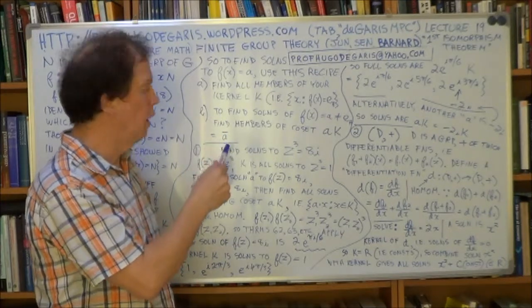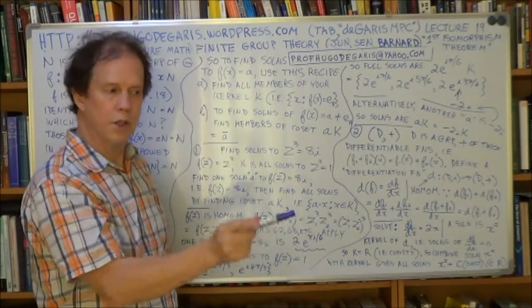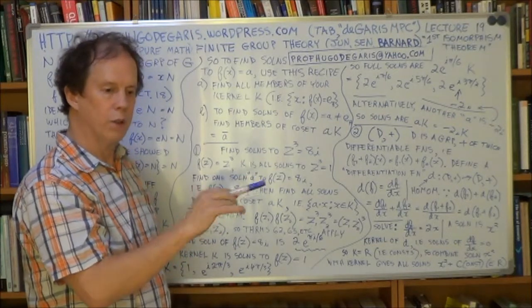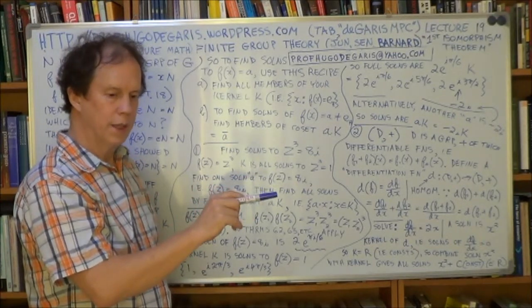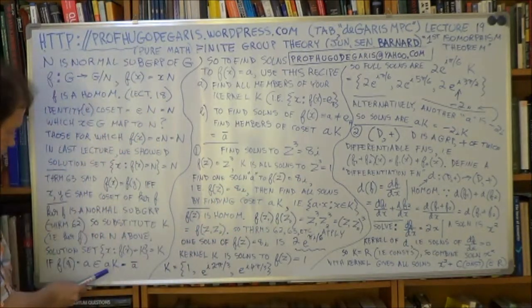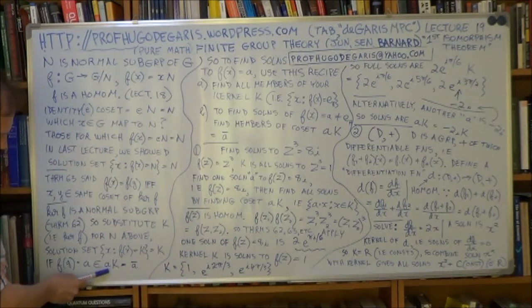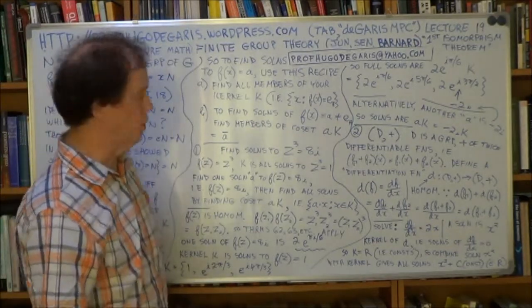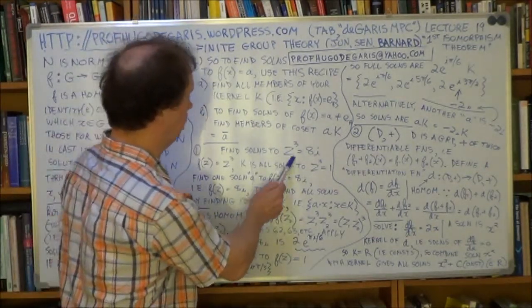Find one solution, like little a, and then to find all the solutions, multiply your solution, little a, by all the elements in your kernel. So aK, to give you a bar. And that'll be all the solutions to your problem.